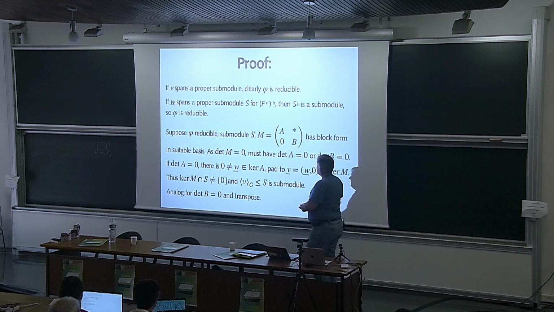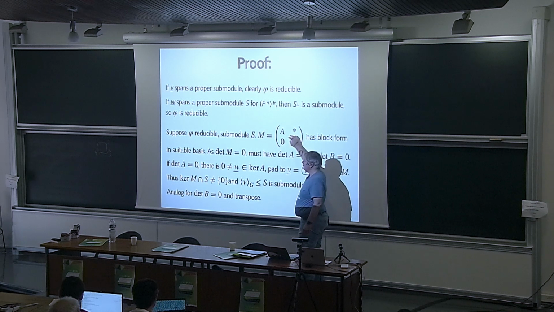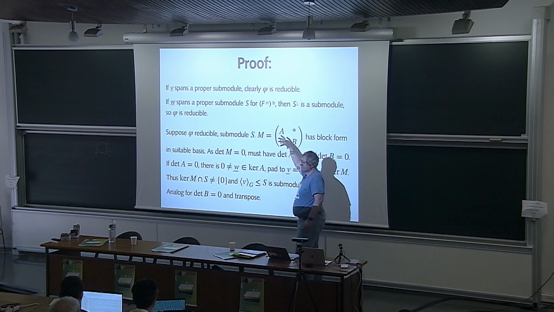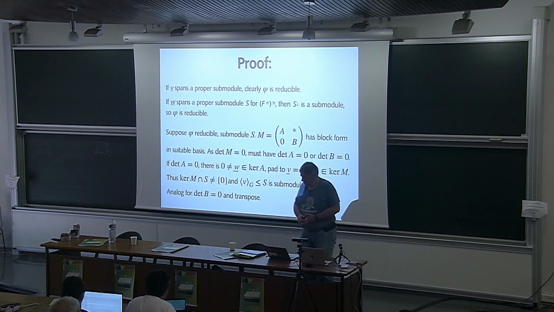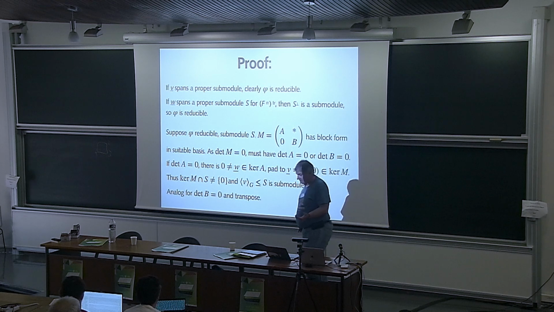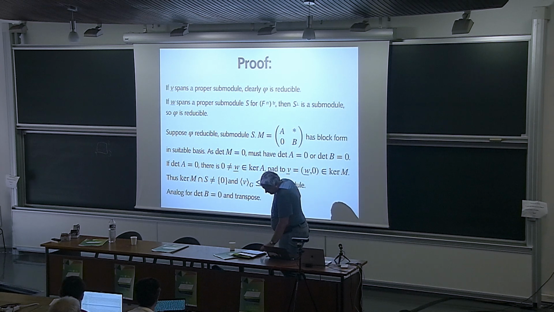And if the determinant of B is 0, I do the same with the transposed matrix, respectively the dual module, and I have the same situation. So that shows me how I can find such submodules.